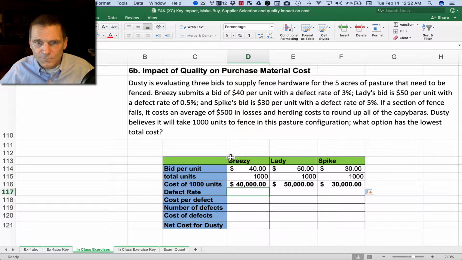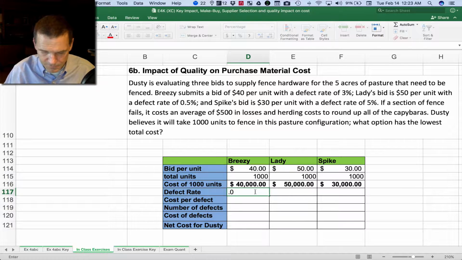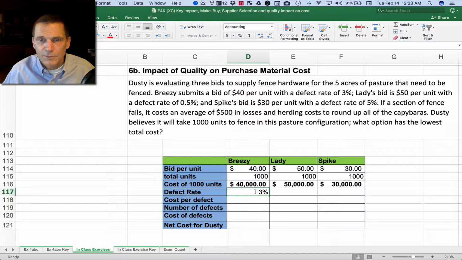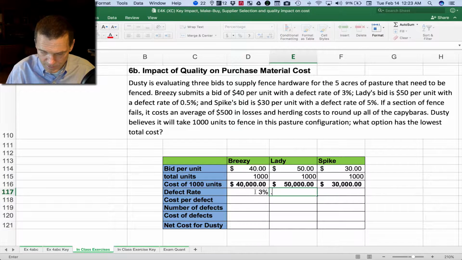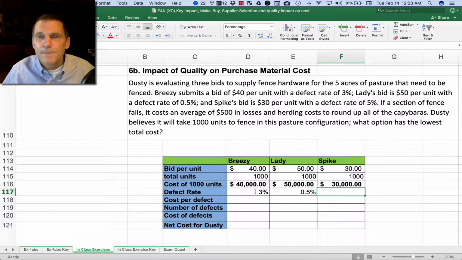Now, we have a defect rate, and let's go see what those are. So Breezy has a 0.03, 3%, and Lady had a 0.005, 0.5%, and Spiky Boy had 0.05, 5%.